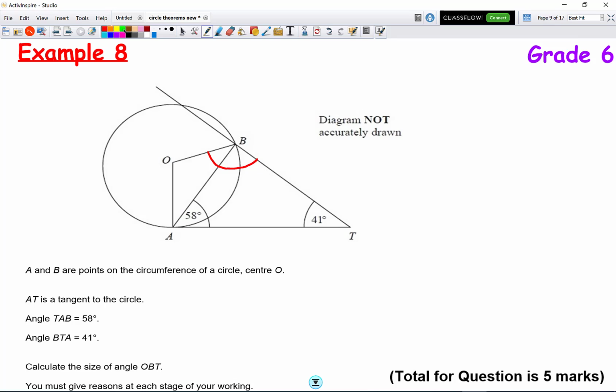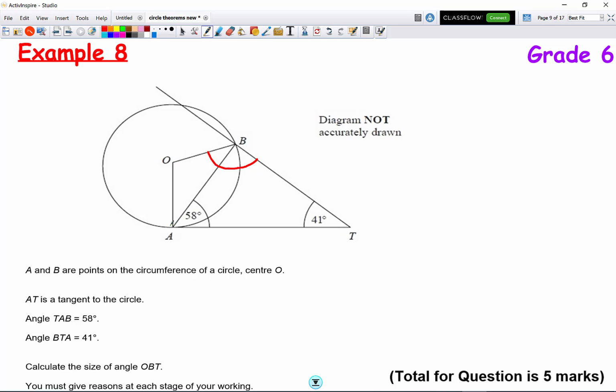What we could do is say, first of all, I've got a radius and I've got a tangent there. So I can say that the angle between the radius and the tangent is always 90 degrees. That's what we have here.